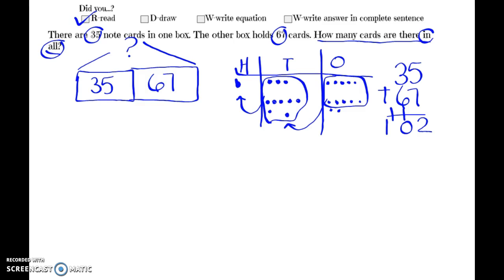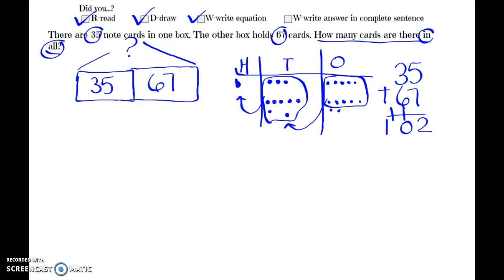Alright, now I simply need to write my answer. Well, first I'm going to go back and double check my chart. I drew my problem out, identifying my whole and my parts. I wrote an equation, 35 plus 67. Now I'm going to write my answer in a complete sentence.